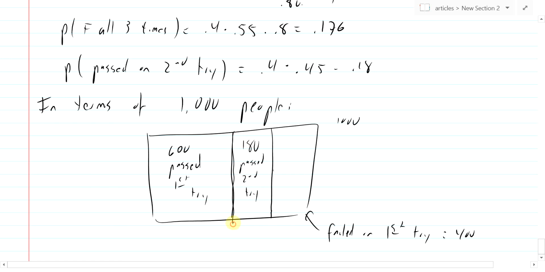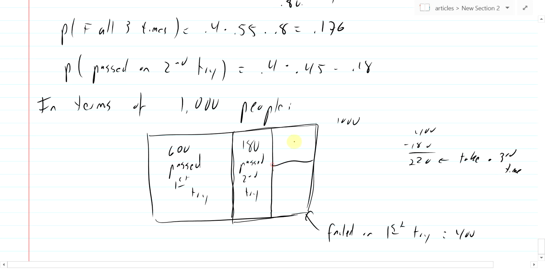And this whole thing here is our 400 people who failed in the first try. So 180 of those passed on the second try. 400 minus 180 is 220. These are the people who had to take it a third time. And what do we know about the people who took it a third time? 20% of those passed.